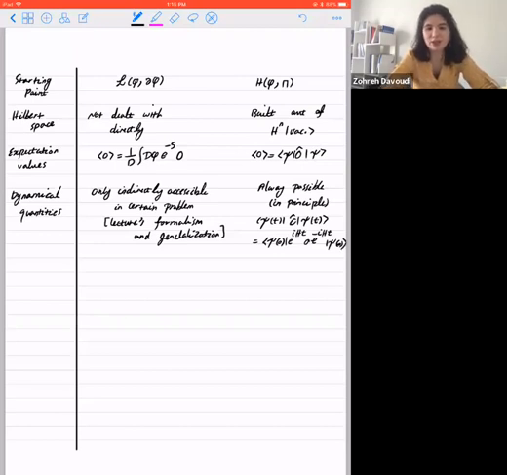So as long as we know how to evaluate this with the Hamiltonian framework, then we have access to any kind of dynamical quantities as well.